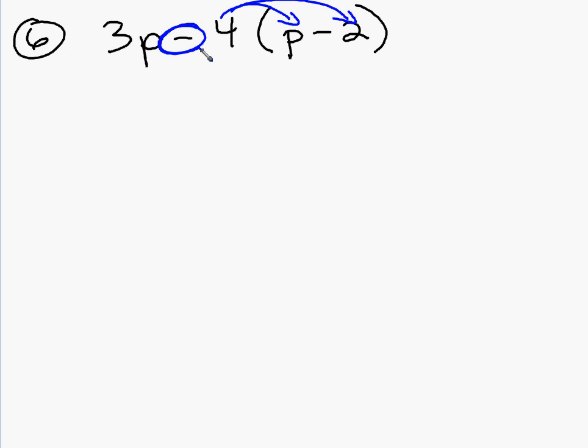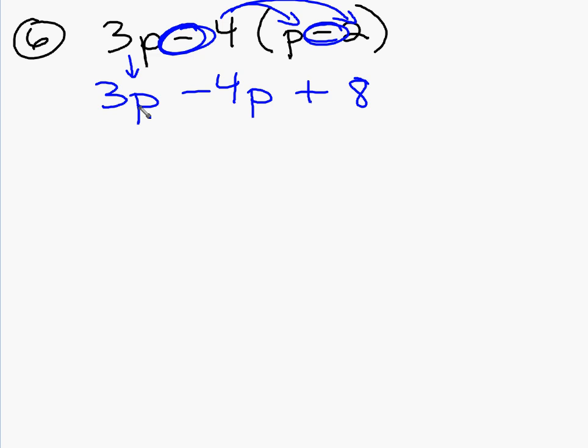So negative 4 times p is negative 4p, and negative 4 times negative 2 is positive 8. And then we just bring down this 3p. Now, can't I combine the like terms?